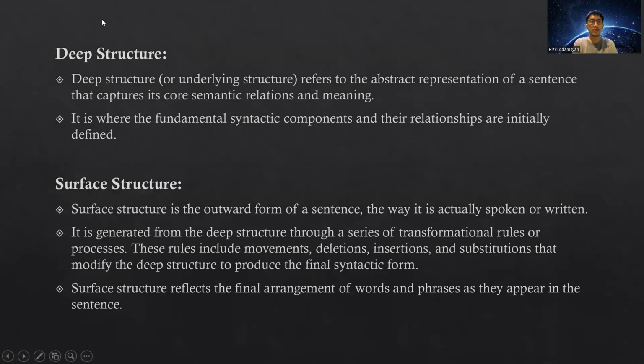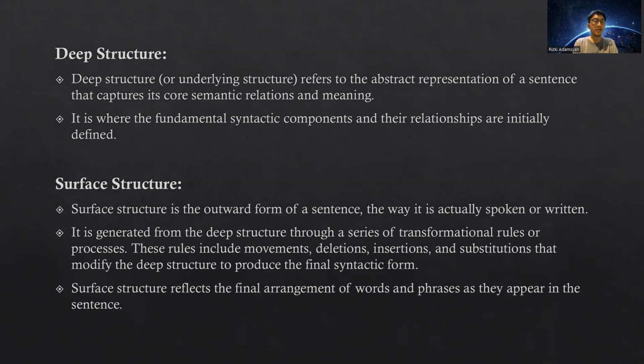Deep structure. Deep structure, or underlying structure, refers to the abstract representation of a sentence that captures its core semantic relations and meaning. It is where the fundamental syntactic components and their relationships are initially defined. Surface structure. Surface structure is the outward form of a sentence, the way it is actually spoken or written.